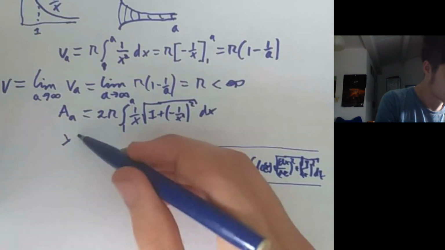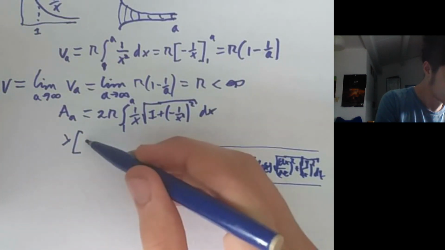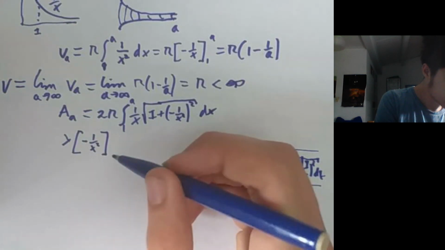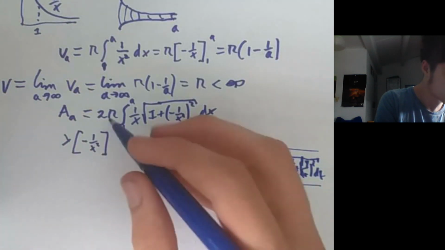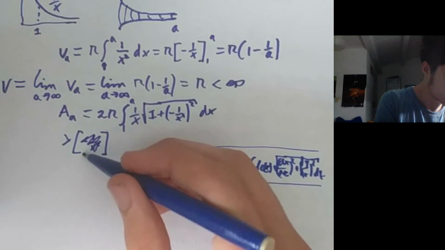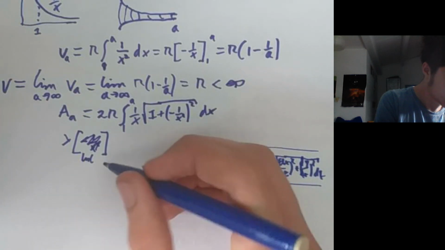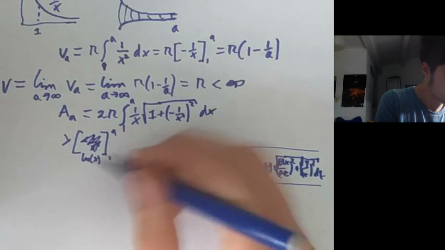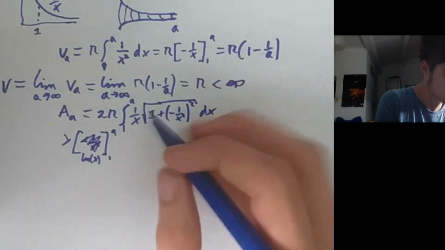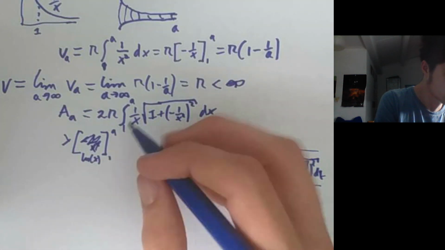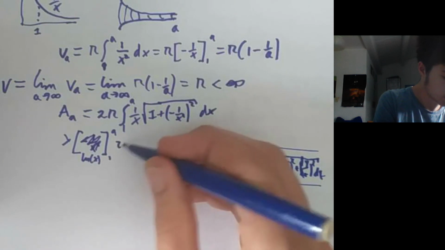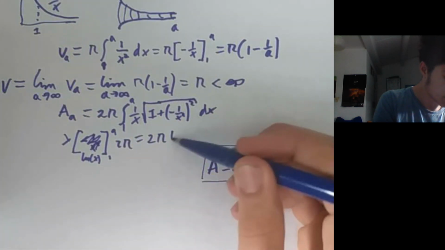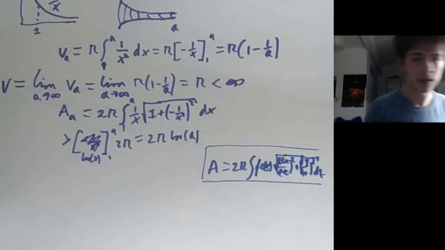And the integral of 1 over x becomes the natural log of x from 1 to a. Natural log of 1 is 0, and natural log of a is just natural log of a. And we had this 2 pi again. So we just get that this is 2 pi natural log of a.